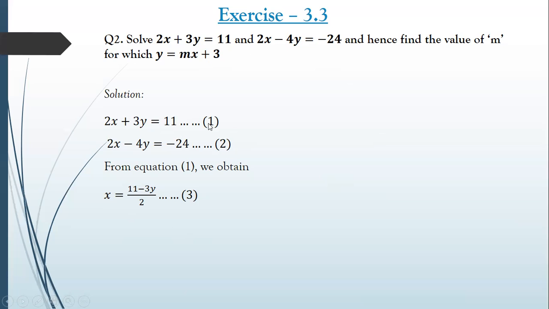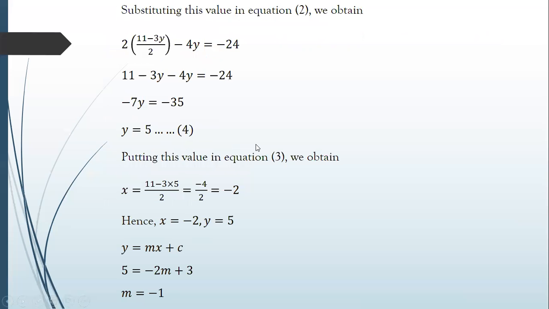Now from 1 we will take the value of x equal to 11 minus 3y by 2, which will be equation number 3. Then we move on to the first substitution. Substituting the value in equation 2, instead of x we are writing the value, then solving we get y as 5. Putting this value in equation 3, we obtain x as minus 2.